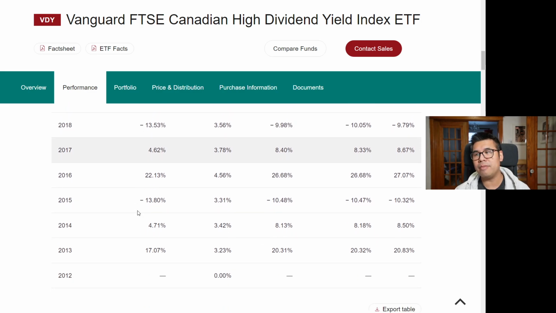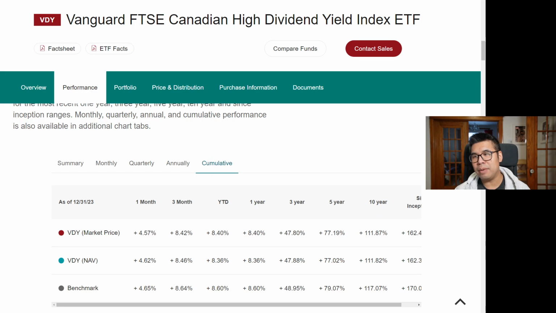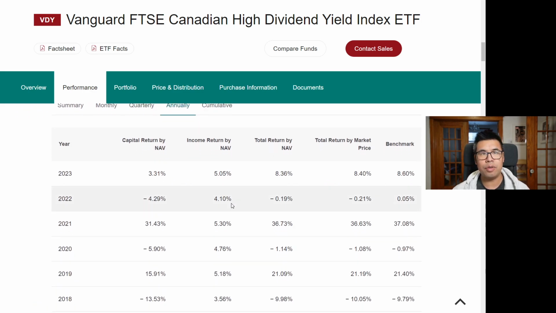Overall, it's going to be positive because if you look back, I think cumulatively in 10 years, it's been able to go over 100%. It's important not to have hindsight bias and know that this is an ETF that has done well in the past, but it goes to show why you have to be aware of how these components work and why the capital return here is just highly variable.